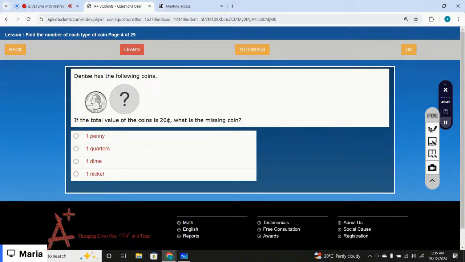Dennis has the following coin. If the total value of the coin is 26 cents, what is the missing coin?